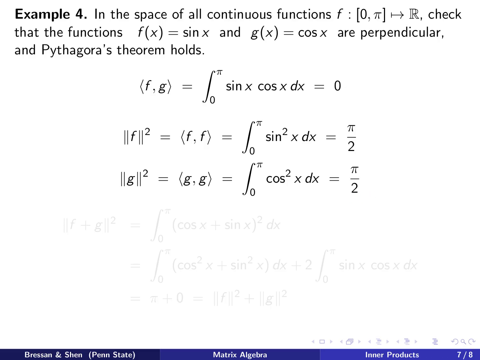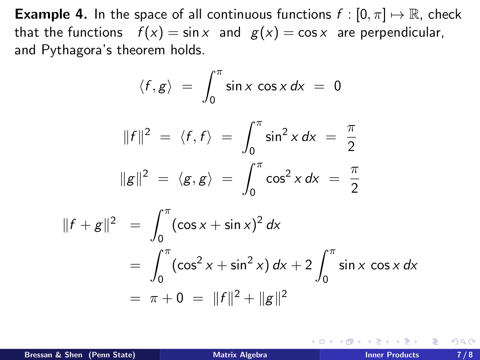Okay, so just some additional hints on how to calculate these trig integrals. Now let's compute f plus g, the other side of the triangle in the Pythagoras theorem. So what does the norm of f plus g squared equal? Well, that's the integral of this quantity.